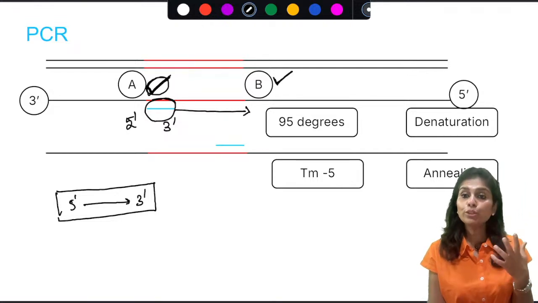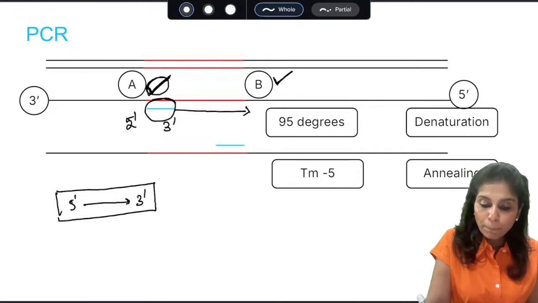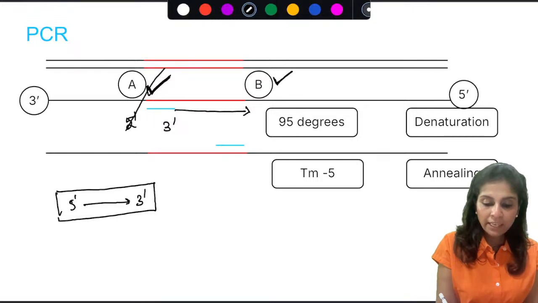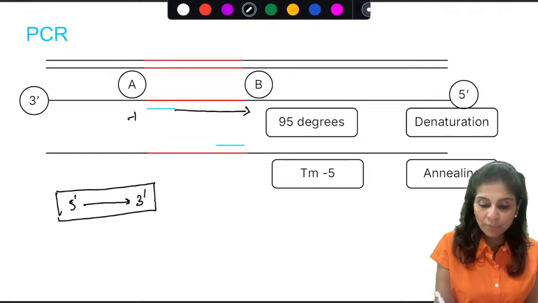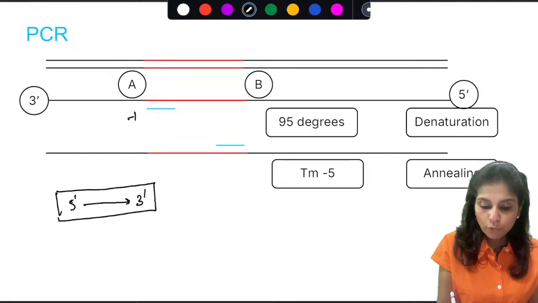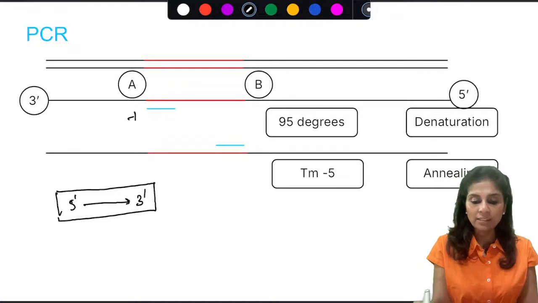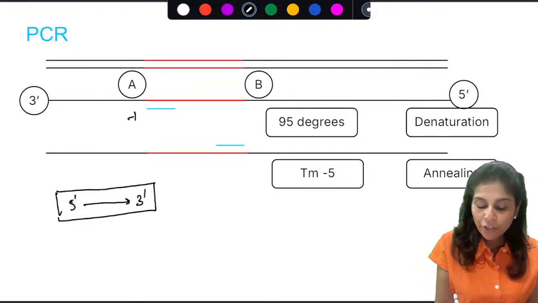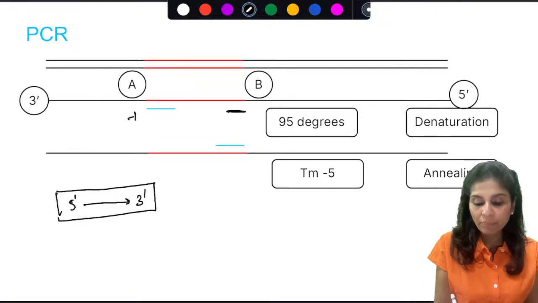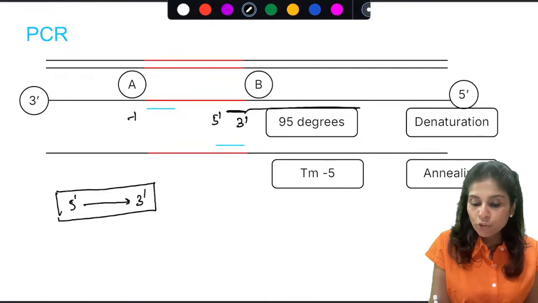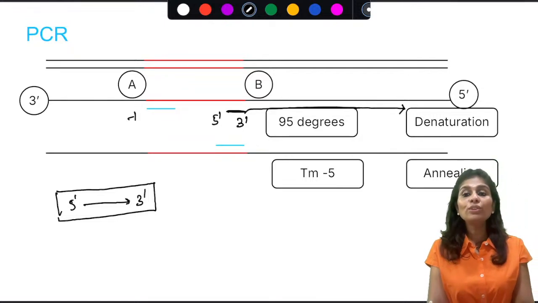Hypothetically speaking, suppose by mistake I've chosen primers in such a way that they are complementary to 5' flanking sequences. In that case, you know that your primers go and hybridize here, and the direction of synthesis is 5' to 3'. So you will be getting something which you don't need.